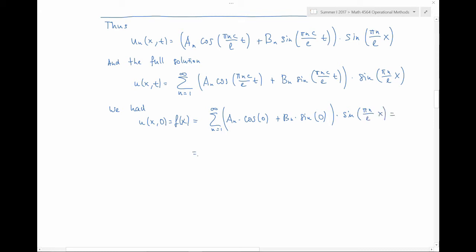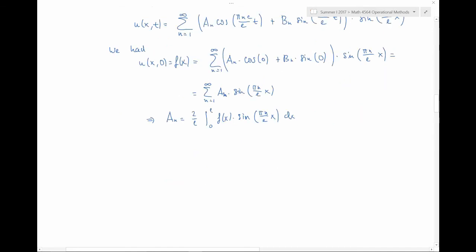Since cosine of 0 is 1 and sine of 0 is 0, this just becomes the summation as n goes from 1 to infinity of a_n times sine of pi n over L x. So a_n are just the coefficients of the sine series of f of x. So that means it's 2 over L, the integral from 0 to L of f of x times sine of pi n over L x dx.